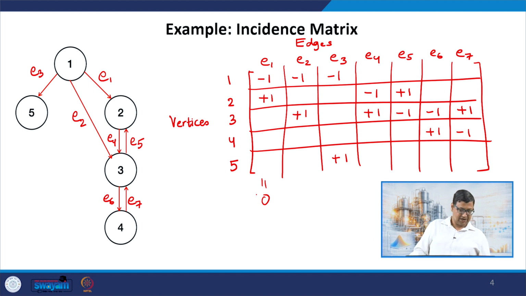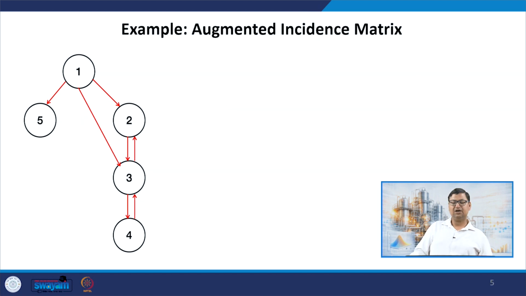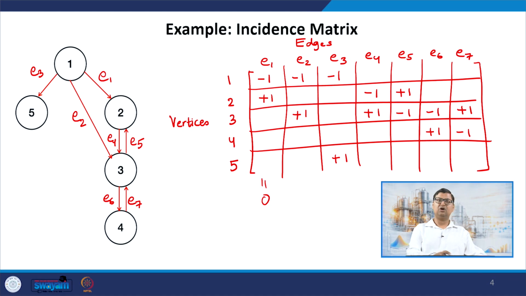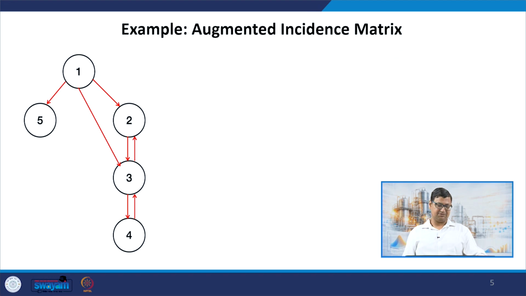All right. Let me now do the augmented incidence matrix for the same case. So now we will have additional columns in the matrix, whatever remains for the interfaces. So let me now have additional edges.